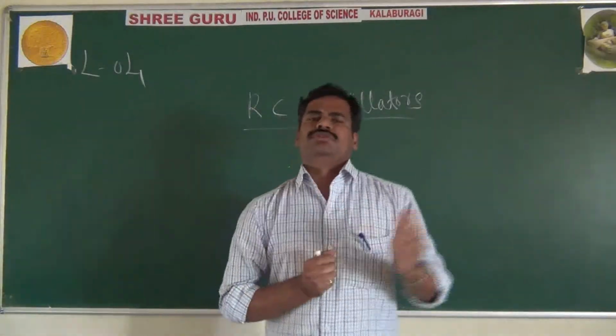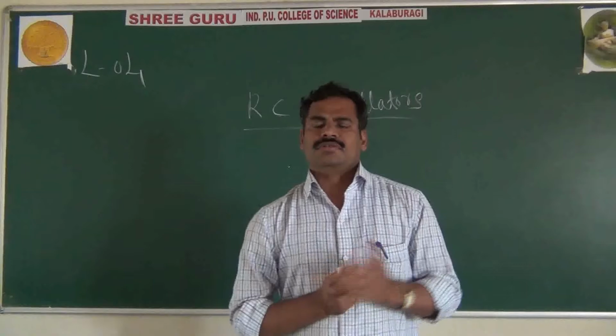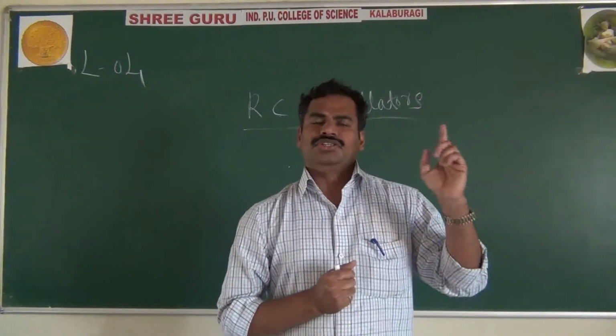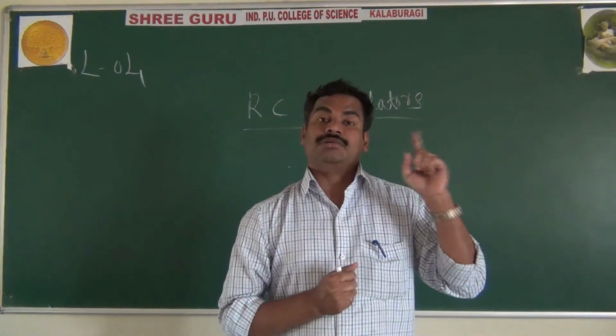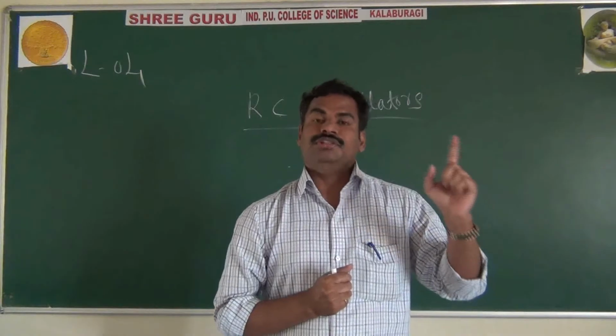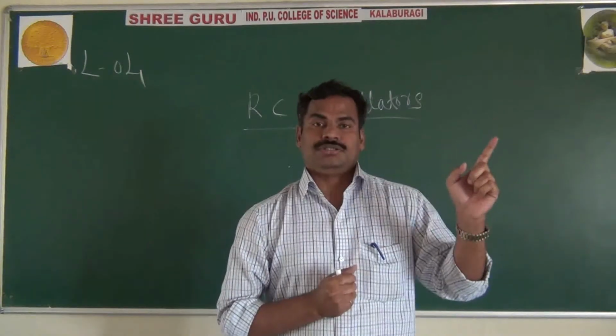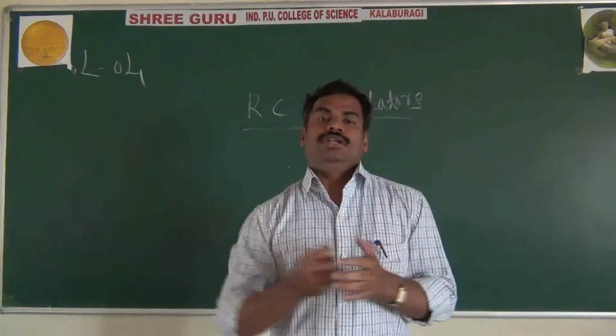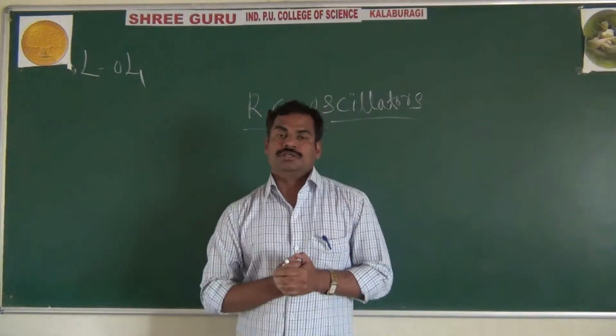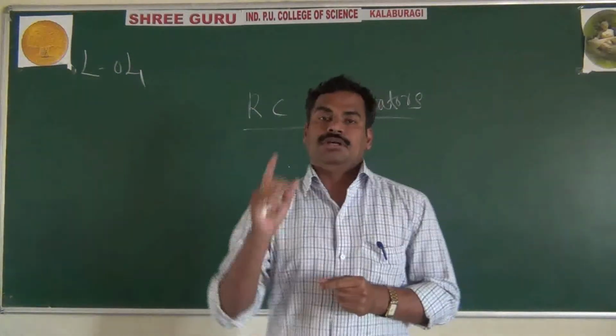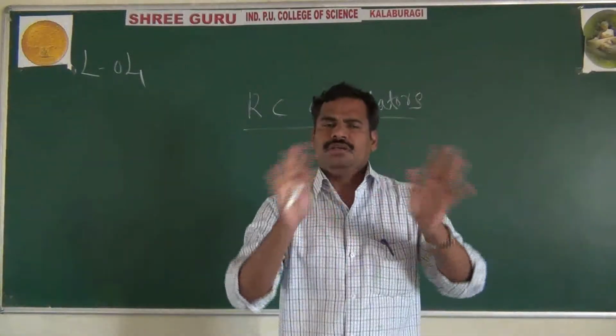The difference is that in the Hartley oscillator, which is inductively coupled, we use two inductors in the feedback path, but in the Colpitts oscillator we use two capacitors in the feedback path.